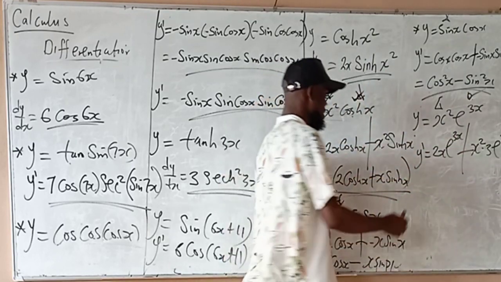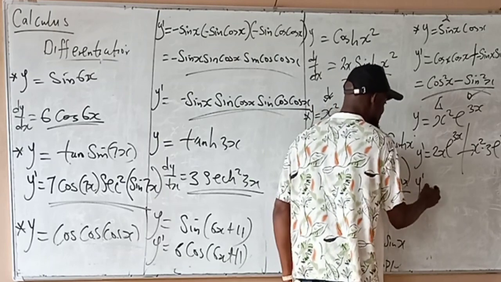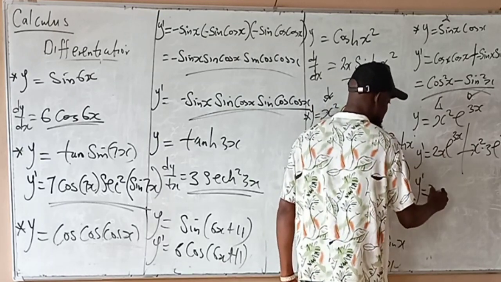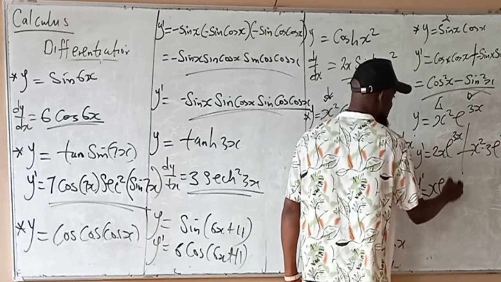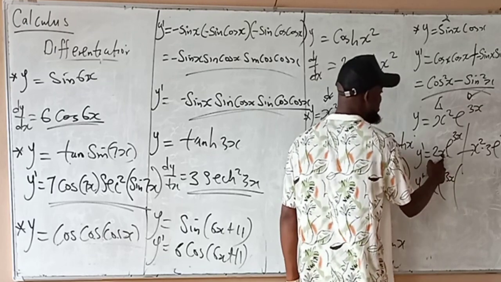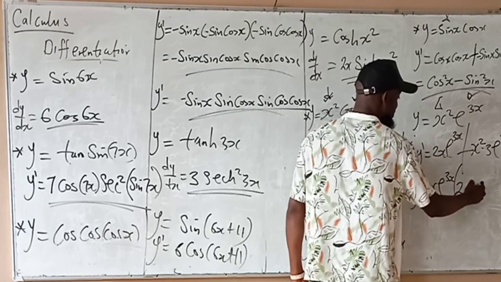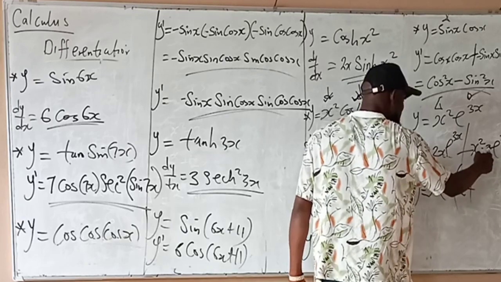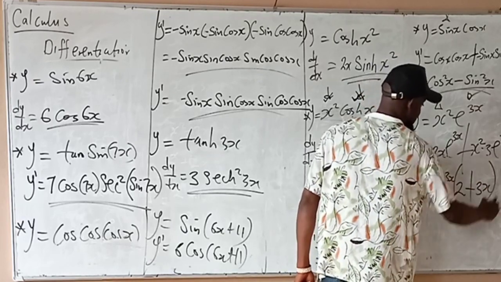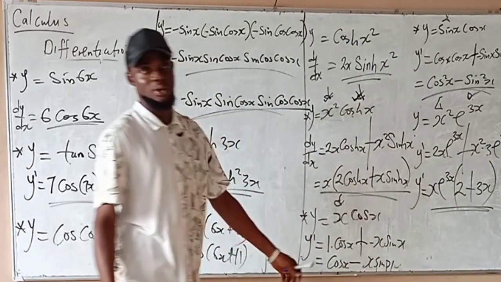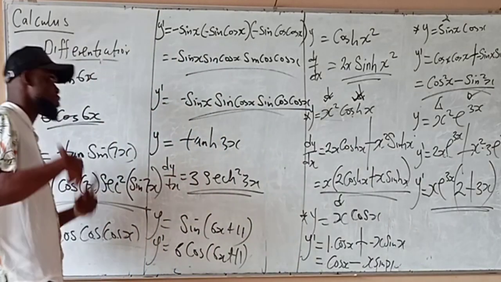Remove one of those x and leave the other one. So y prime will be, x will go out, e to the 3x is also common. Then if you remove this x and e to the 3x, only 2 will be left here, then 1 x will still be here, 3 will still be here. You have 2 plus 3x, answer. This is how you do the product rule.